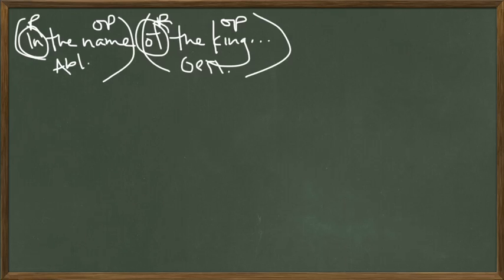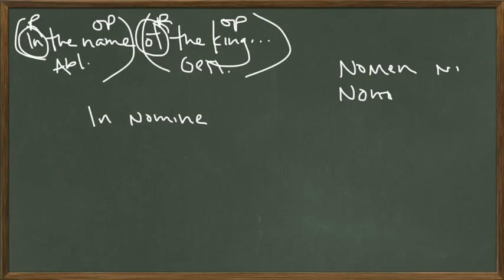So in Latin, in the name would be in nomine. This is from the Latin word nomen. Nomen is name in Latin. It's a neuter word. The genitive is nominis. Then we drop the genitive ending and replace it with the ablative e, and we end up with in nomine.